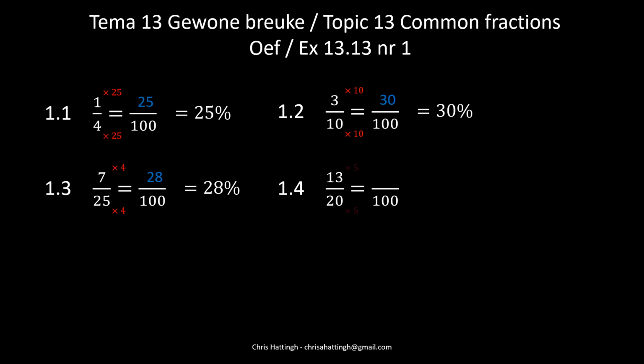13 over 20. You're going to multiply 20 by 5 to get 100. So you need to multiply 13 by 5 as well. That gives you 65 over 100 or 65%. Number 1.10.